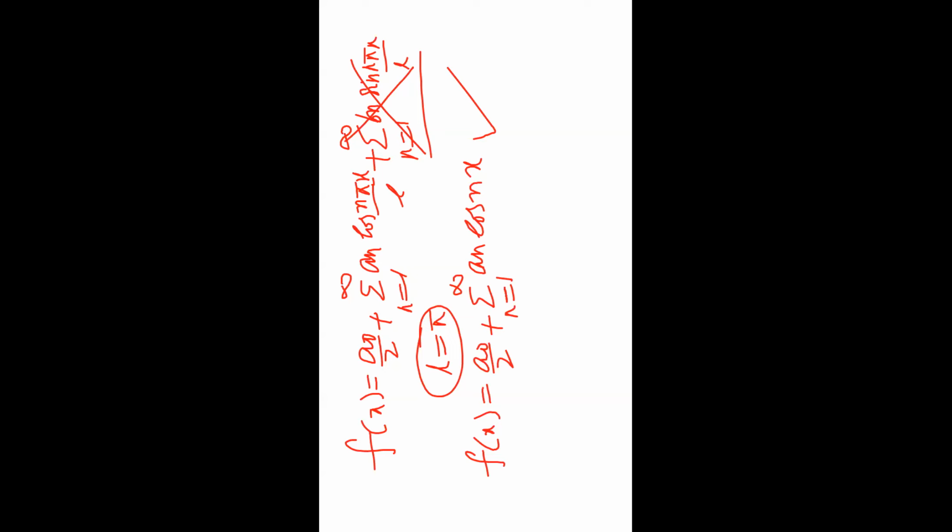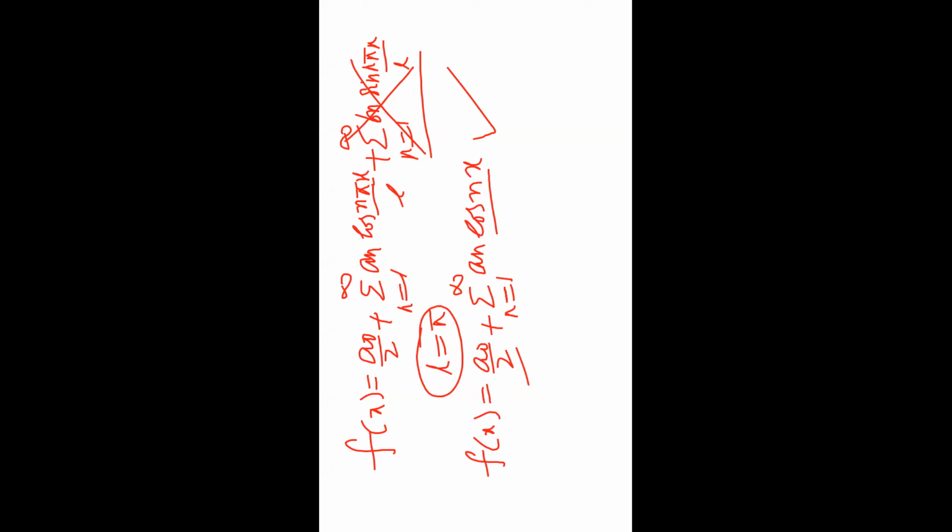If by mistake we find the value of bn, the default bn value is 0, but it is a time-wasting process, so take only the half range, that is a naught and an. Because f of x is even we choose the first two terms. Why? Because cos is an even function and a naught has a cos multiple of one, and one is also cos.